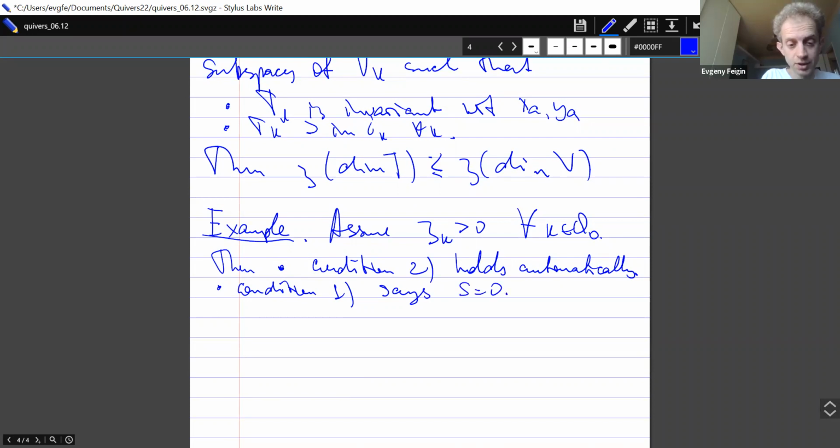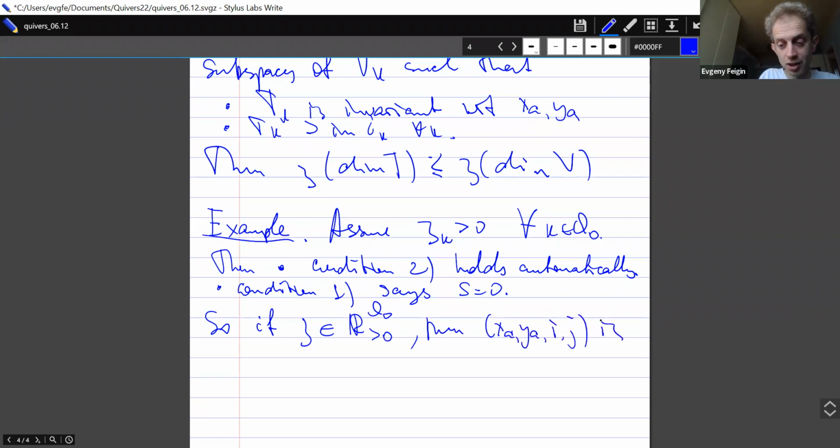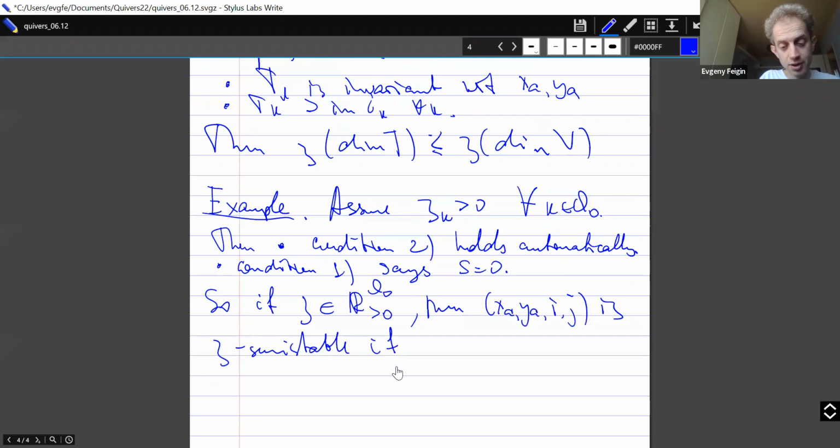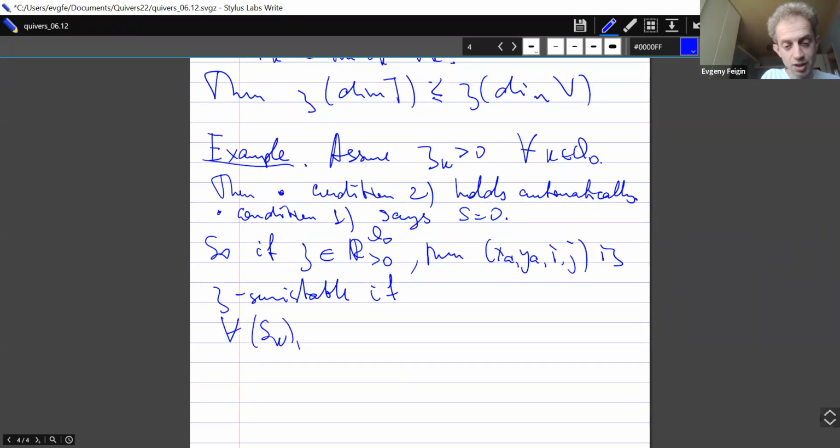So if psi sits in R positive to Q0, then the point xa, ya, i, j is psi semi-stable if for any collection sk such that sk sits in the kernel of jk, and sk is xy invariant, one has sk is just 0.